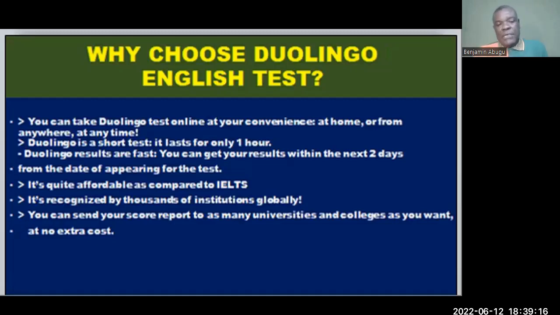Okay. And another thing also is that, I can say that Duolingo test is easier too. The questions are not as complicated as you will find in the other tests, okay? So there are many advantages, really.